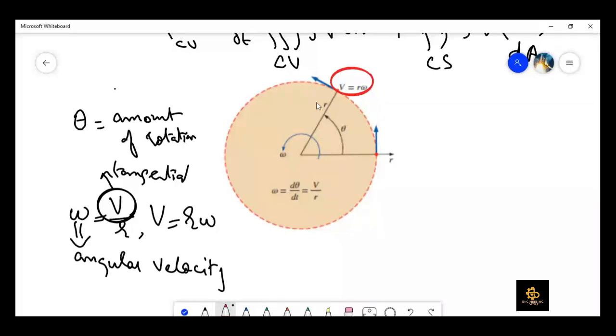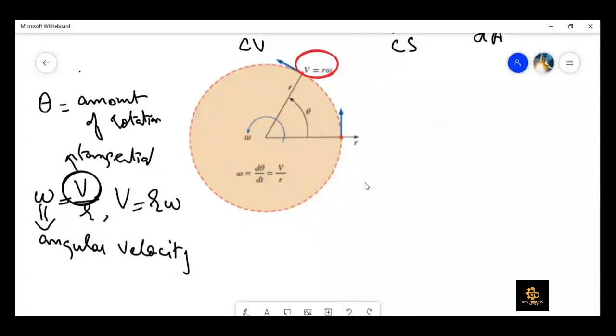So then we also know that theta is usually expressed in terms of radians. And we know that in the circumference of a circle there are 2 pi radians.